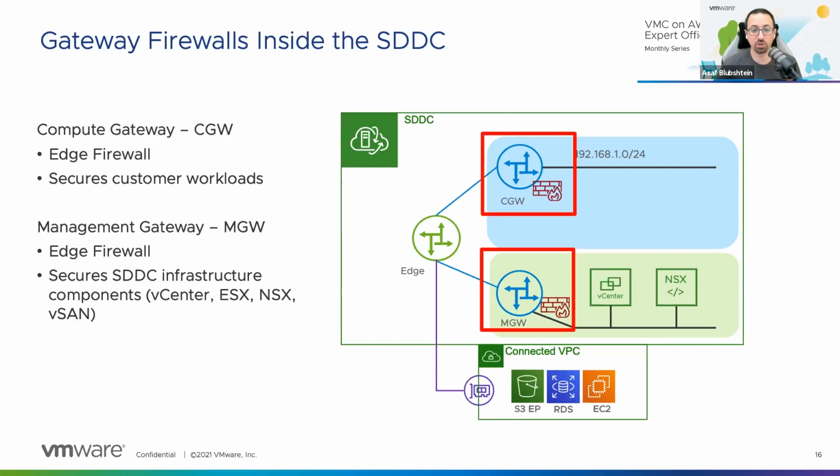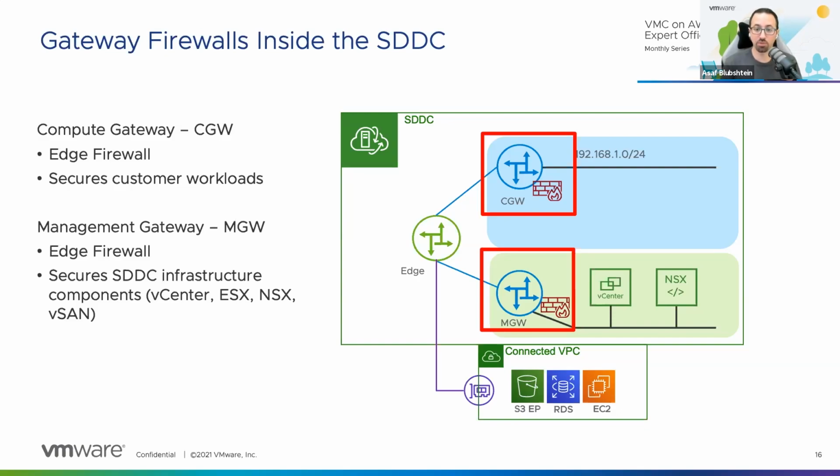We have launched a notification: if you have the source for your vCenter configured as any, you will get either an email notification, or there's also going to be a banner on the SDDC itself letting you know that you have a rule that provides unrestricted access to your vCenter.